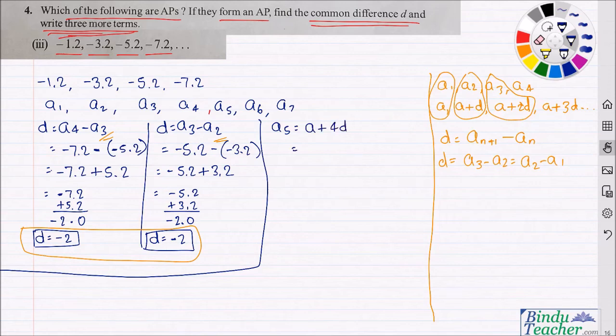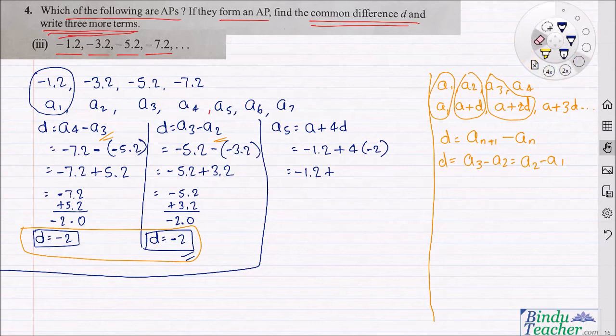Now what is A here? A is minus 1.2 plus 4 into D. D we have found as minus 2. So we have 4 into minus 2, which is minus 8.